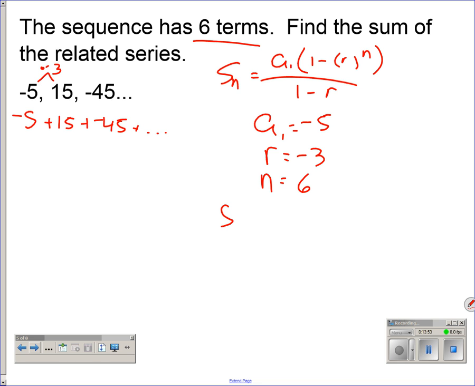If I'm trying to figure out the sum of the first 6 terms, S sub 6 is -5 times 1 minus my rate, which is -3, to the 6th power, all over 1 minus -3, or 1 plus 3. Type that in the calculator exactly as you see it, exactly as I wrote it, parentheses and all, put it in the fraction. Who got 9 and 10?